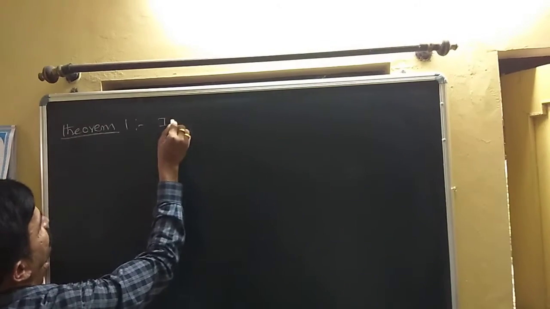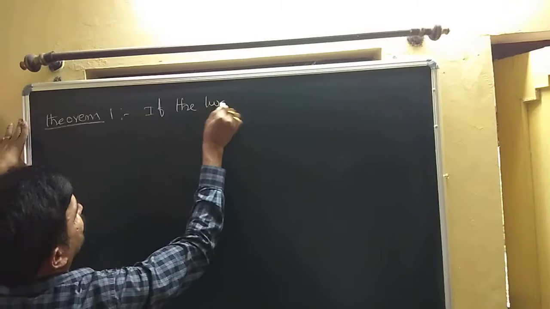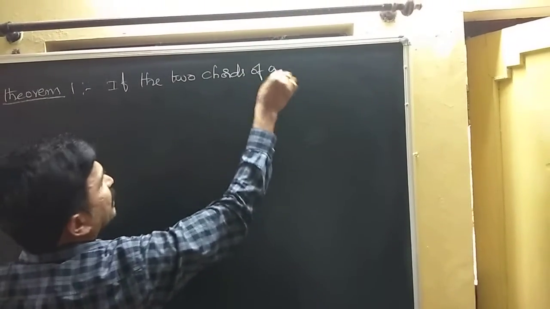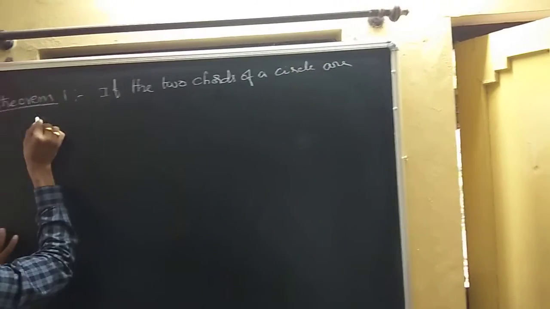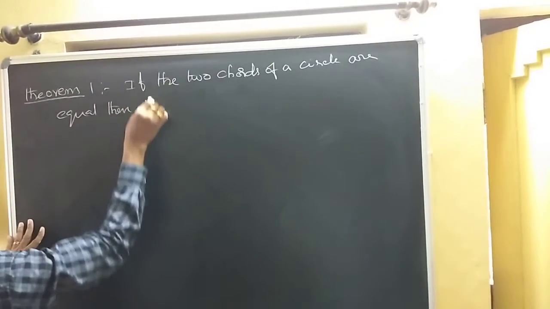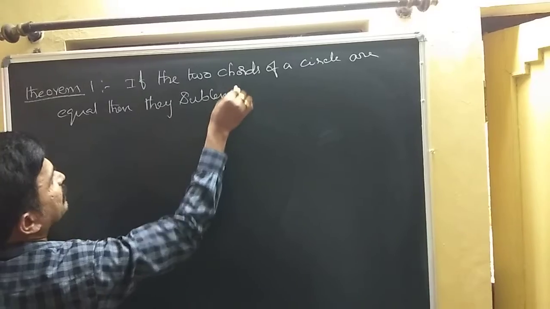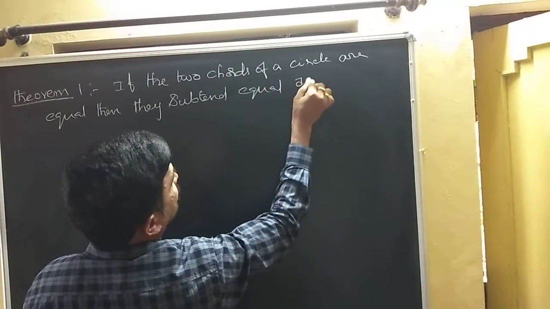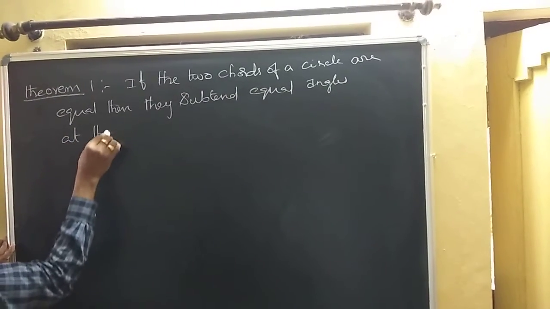If the 2 chords of a circle are equal, then they subtend equal angles at the center.